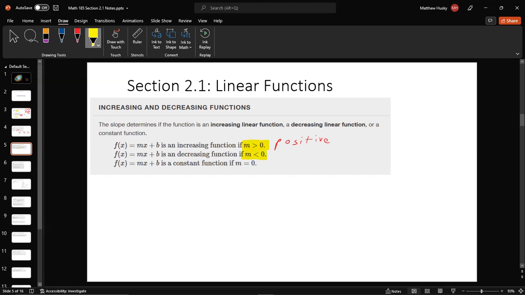And then again, if m is less than 0, it's decreasing. That's another way of saying negative. And then m equals 0. That should be pretty straightforward. So this is decreasing. This one's increasing. That one's constant. So we kind of already said that, but there it is. Okay. What else do we have here?